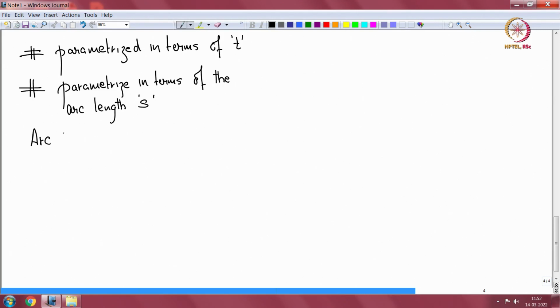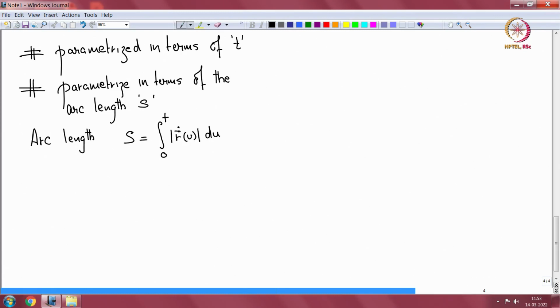Arc length S between points t equal to 0 and t equal to t, let's say, is integral 0 to t magnitude of r dot u du.